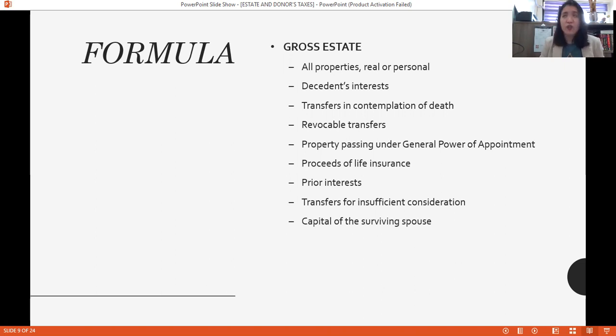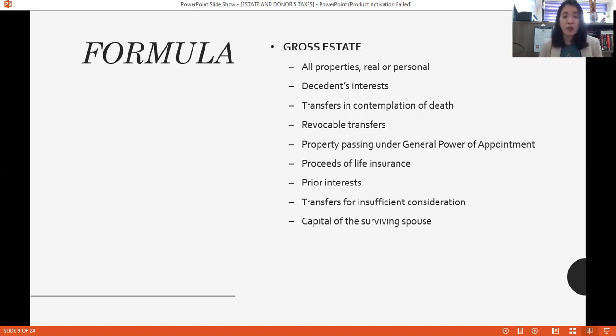So, parang yung intention ni decedent is hindi talaga niya tinatransfer during his lifetime. Kasi kailangan pang hintayin na mamatay siya before talaga ma-enjoy ng transferee yung property. So therefore, part pa rin siya ng gross estate.